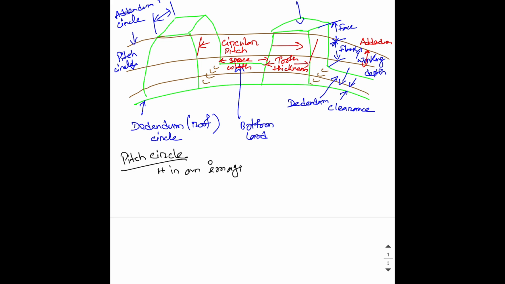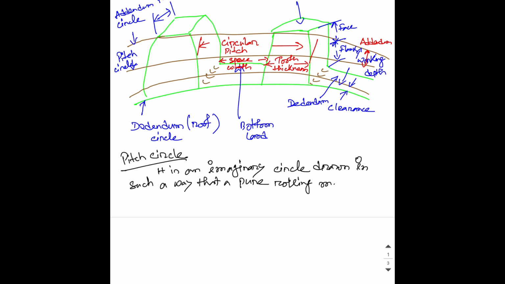It is an imaginary circle drawn in such a way that pure rolling motion on this circle gives the motion which is exactly similar to the gear motion.